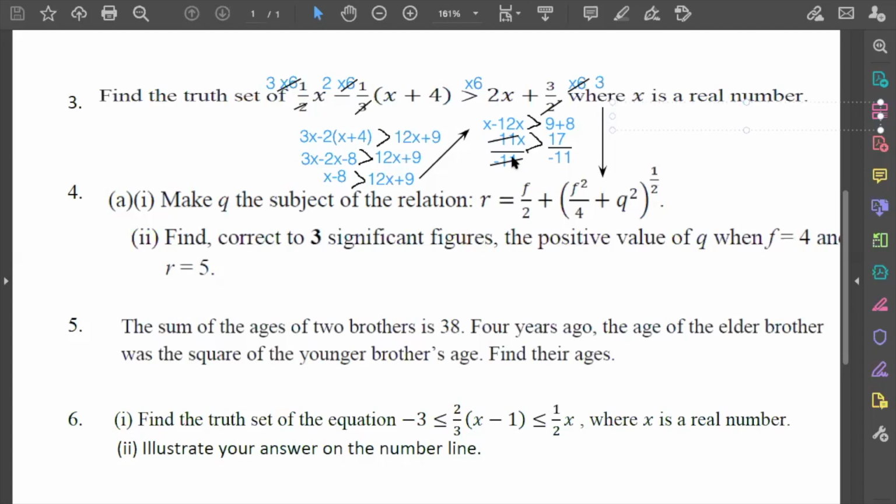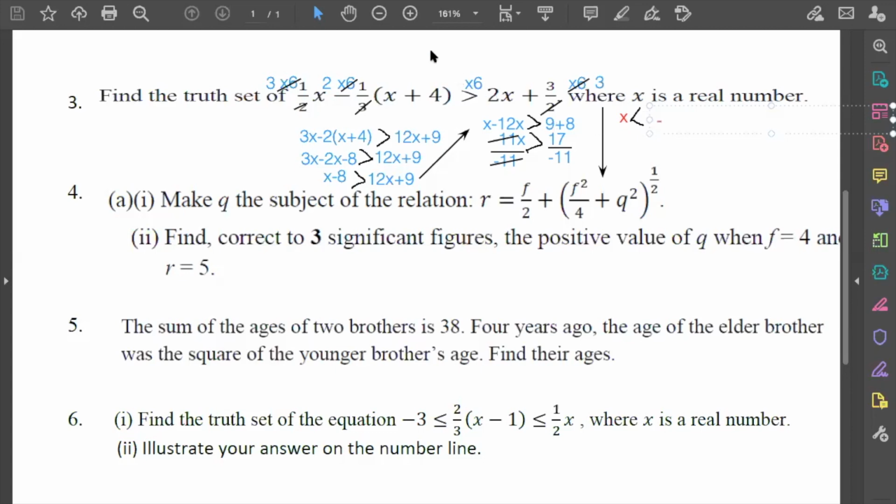Let me change this color. I don't want to use blue. Let me use red. So our final answer is going to be x. Because I have divided by a negative, it's going to be x is less than negative 17 over 11, or 17 over negative 11, or negative 17 over 11.